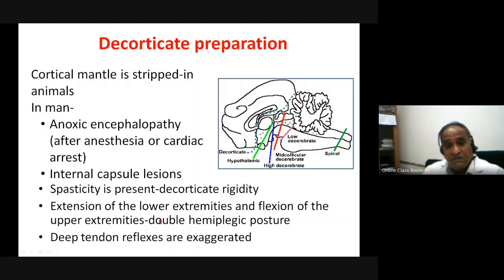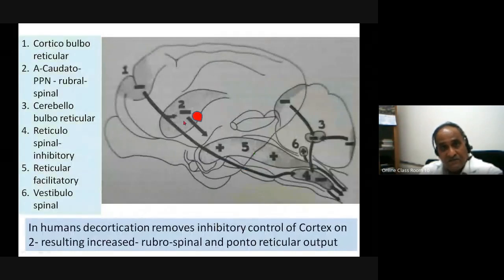So this is a sort of double hemiplegic posture, and it is due to the red nucleus, because the red nucleus remains intact. Deep tendon reflexes are exaggerated. If you see this preparation here, this part is out. This segment is out. So the inhibition over the basal ganglia and the red nucleus is not there.